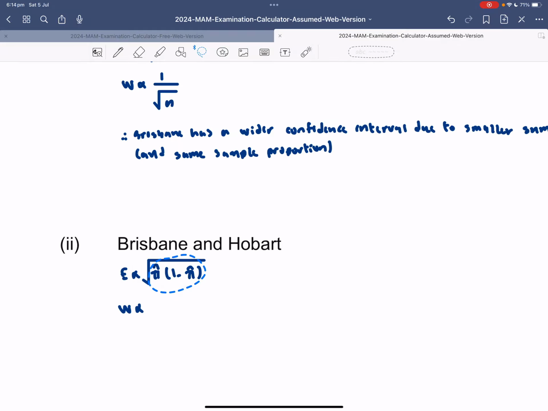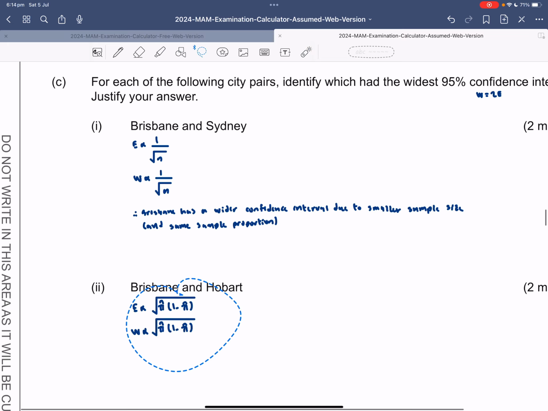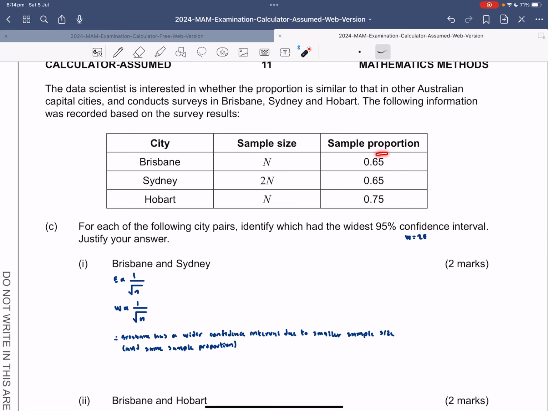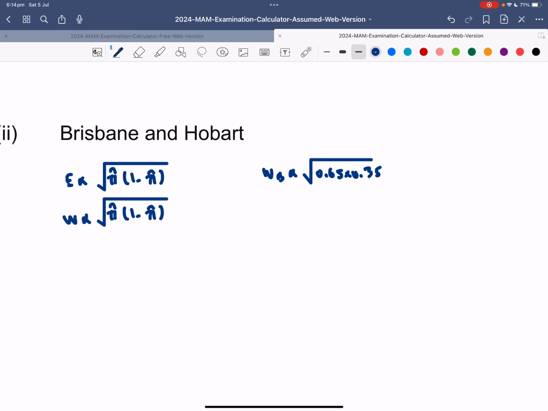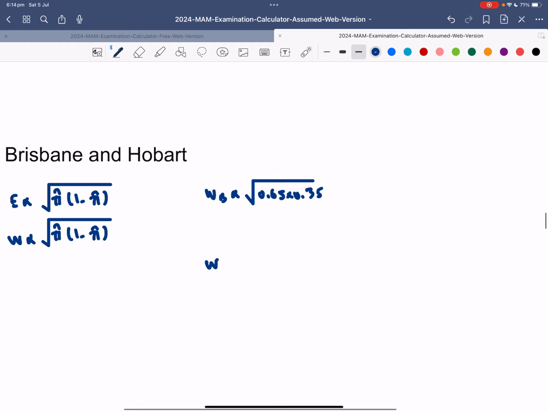Here's the thing. We know the closer the proportion and one take the proportion are to 0.5, the larger the error and the larger the width. And I can prove that to you. Brisbane's is 0.65, Hobart's is 0.75. The width in Brisbane is proportional to 0.65 times 0.35, whereas the width in Hobart is proportional to 0.75 times 0.25.